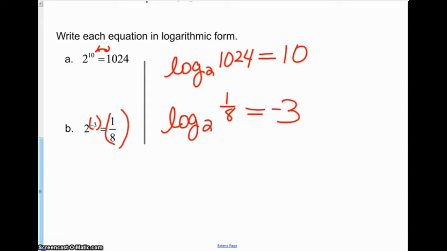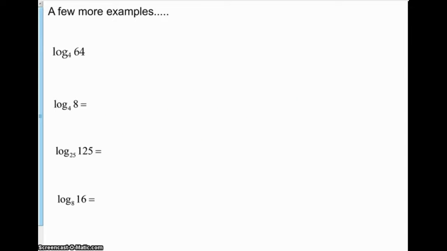Okay, now we're going to get into what happens when you have log base 4 of 64. The directions would actually be solve, or find the value of. Okay, evaluate. Find the value of.